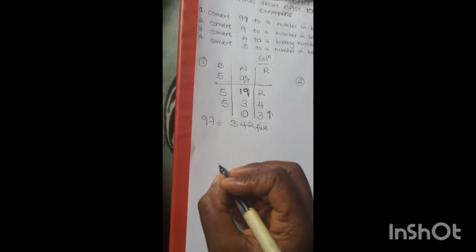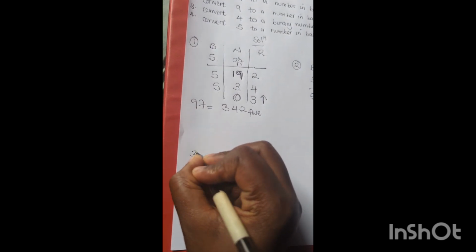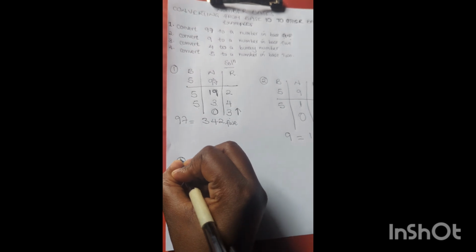So let's go to example number 3. Examples 3 and 4 we're going to do with binary numbers. We're going to convert base 10 to binary, and binary is the other name for base 2. So the first example under binary is question 3: convert 4 to a binary number.